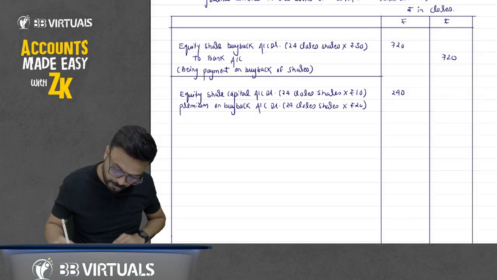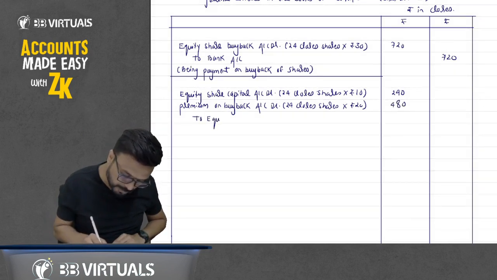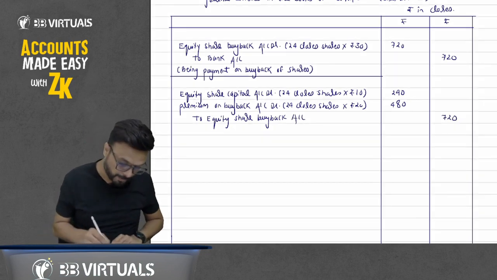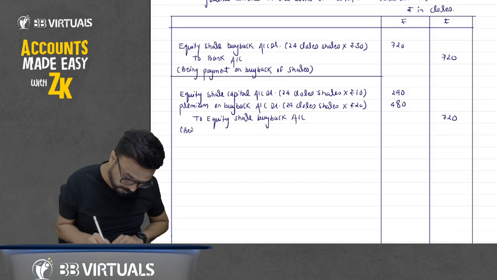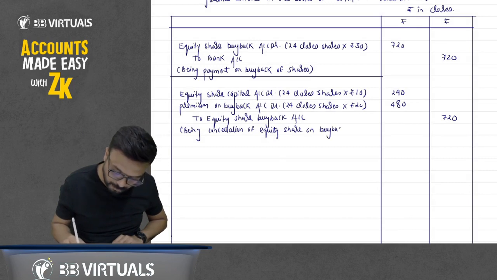So it will come to 480, to equity share buyback account, that is 720, being cancellation of equity share on buyback.